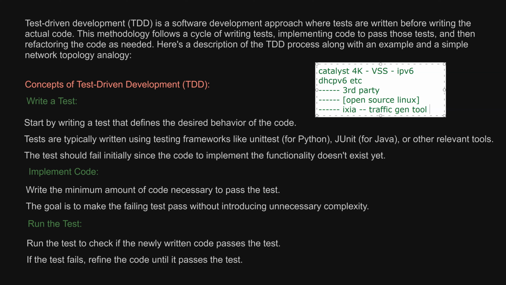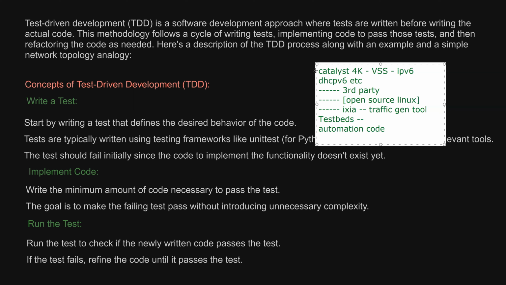So what was happening is that we used to write code. We have test beds, and we are writing automation code. That automation code will do everything. That means two different switches form the VSS with that automation script. Then it will configure IPv6, then configure the DHCP v6 features and whatever required features.